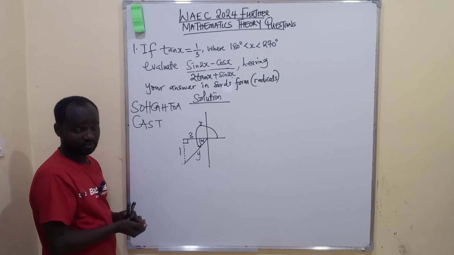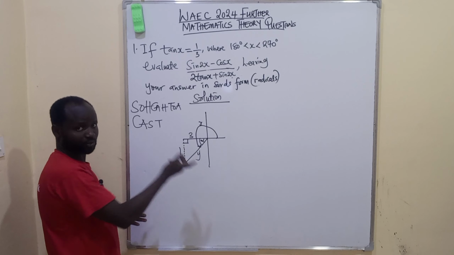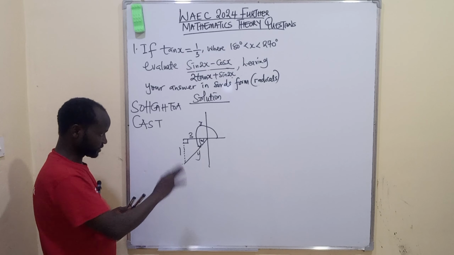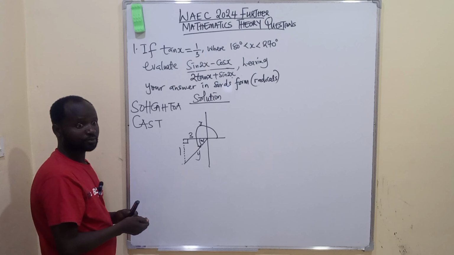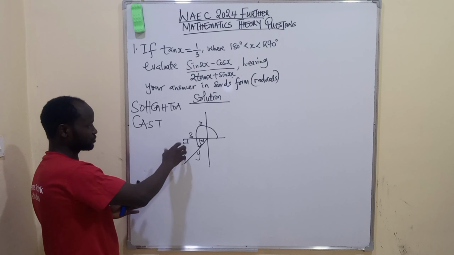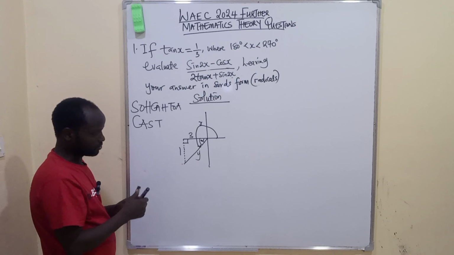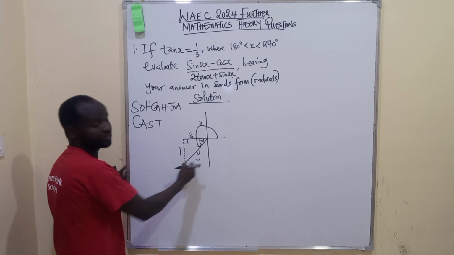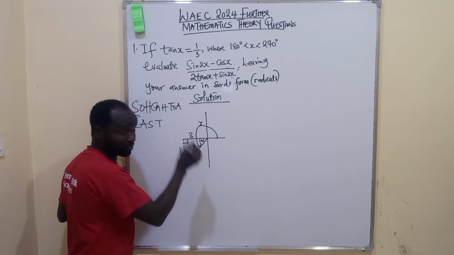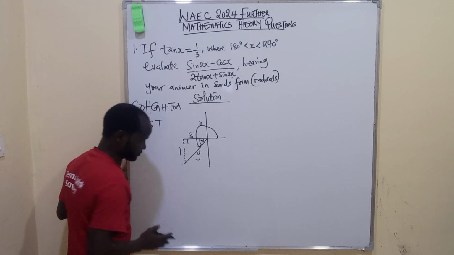The next thing to do with this information, we can find y, because this is a right-angle triangle and two sides are given. We can apply Pythagoras' rule, which states that in a right-angle triangle, the square of the longest side is equal to the sum of the squares of the other two sides. The longest side here is the hypotenuse, which is y, because angle 90 degrees must always face the hypotenuse.